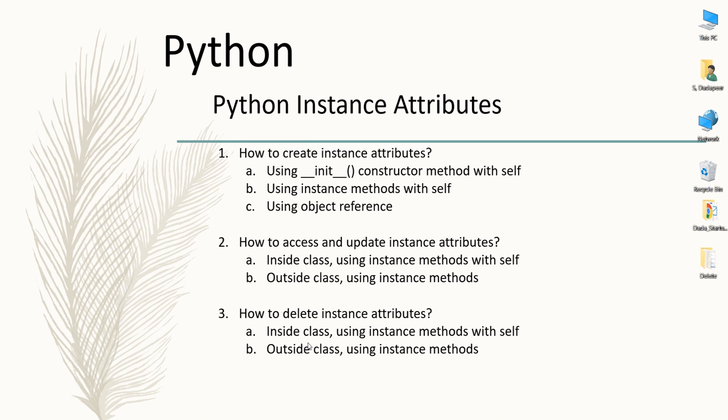Inside the class, in the instance method, with the help of self and the del keyword, we can delete. Outside the class also, with the help of an instance method, we can delete. Let's see how we can delete.